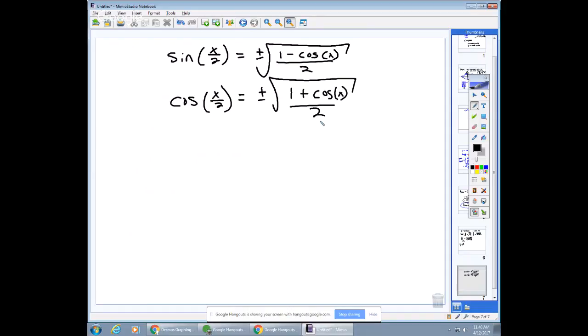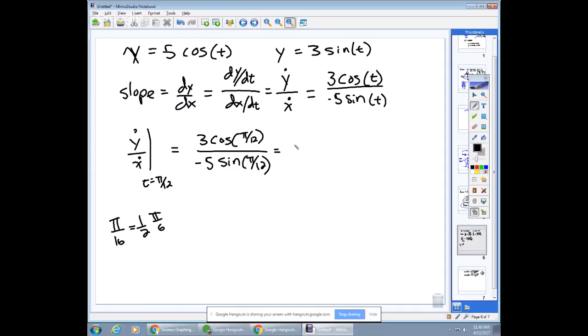So our x here is pi over 6, because pi over 6 over 2 is pi over 12. And so that's what we need to calculate our number. The plus or minus is there because you have to figure out what quadrant your angle is in. My angle is in the first quadrant, so I get the plus for both of these. Okay, so we got to think about that.